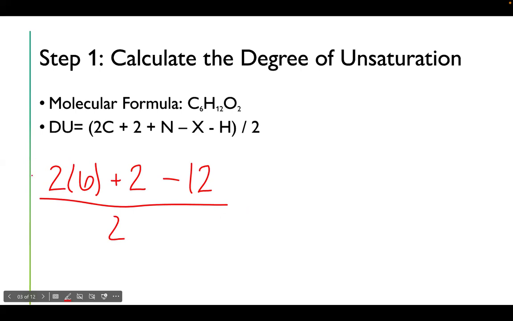So 2 times 6, right here we have 12, plus 2 is 14, minus 12 is 2. All of that over 2 is 2 over 2, which is equal to 1. A degree of unsaturation of 1 basically just means that our molecule either has a ring of some kind or one double bond. So let's dig a little deeper to try to figure that out.